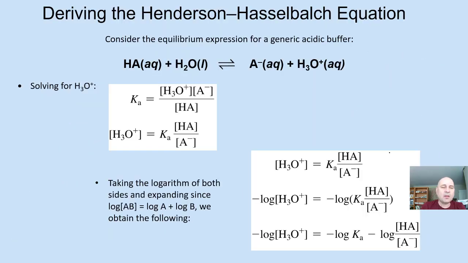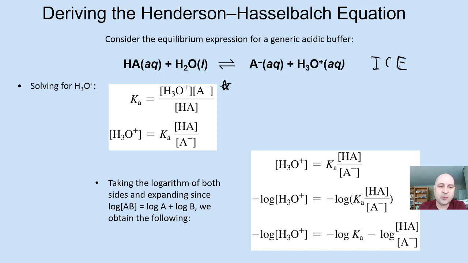Okay, so you might have noticed that there's a relationship between the way we calculated the pH using the ice table, the hydronium ion concentration and the negative log, and the way we set up the Henderson-Hasselbalch equation, right? So we have this relationship here.